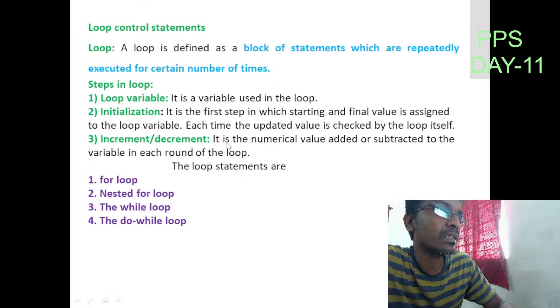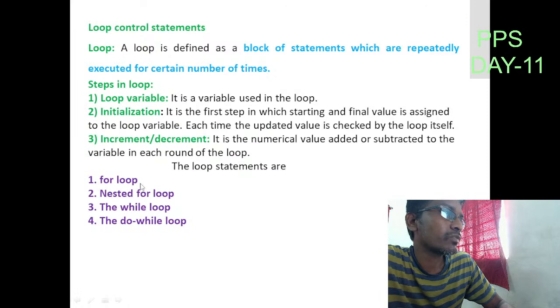After assigning a value to the variable, you need to perform increment or decrement of the variable. That means you can add to it or subtract from it in each round of the loop control statements.